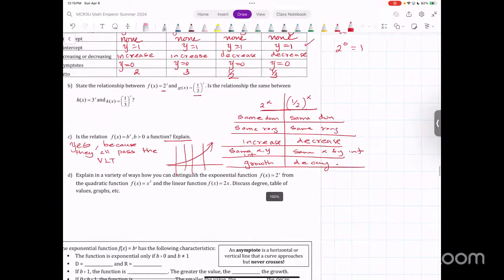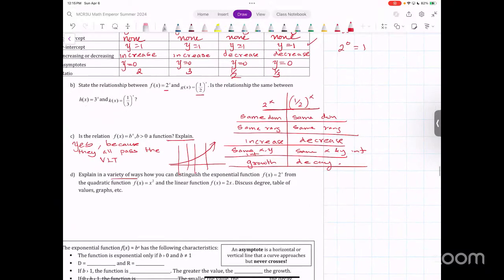Now explain in a variety of ways how you can distinguish the exponential function from the quadratic function and the linear function. Discuss the degree, table of values and graph. Well, you need to be careful here. The main difference is that in the exponential function the x is sitting on the exponent, but here the x is on the base, isn't it?